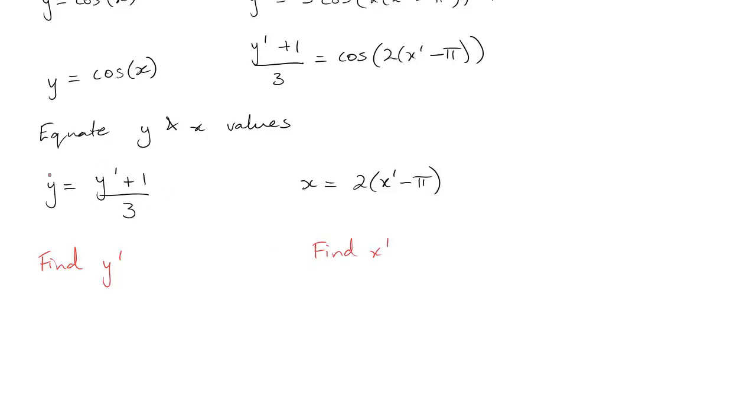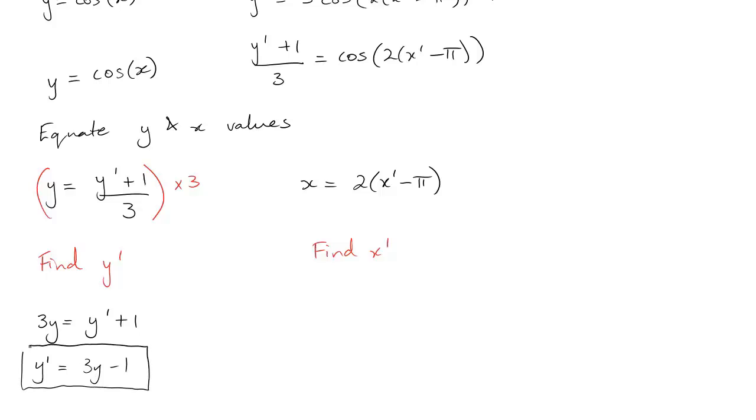So we have to multiply this equation by 3 in order to rewrite it. So 3y equals y dash plus 1. y dash is equal to 3y minus 1. So that's the transformation equation that will help us.